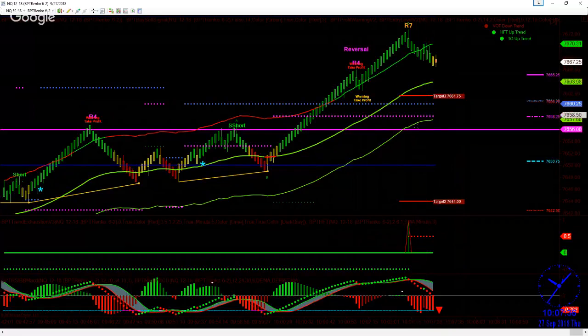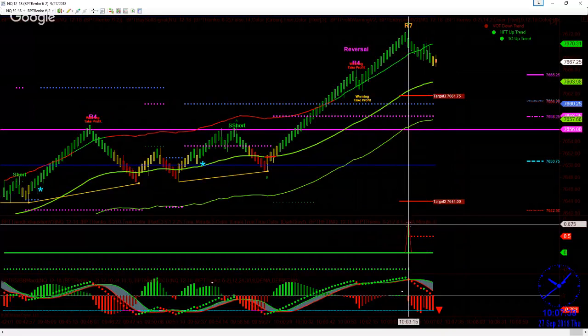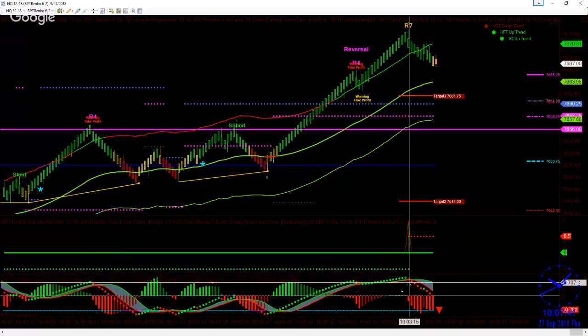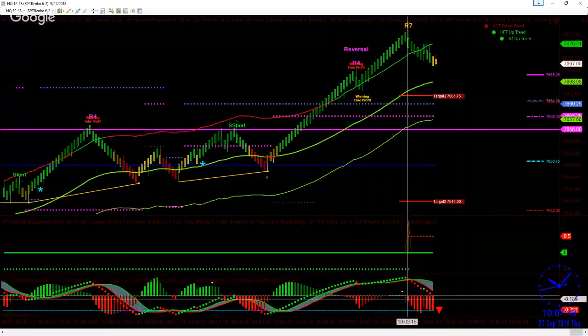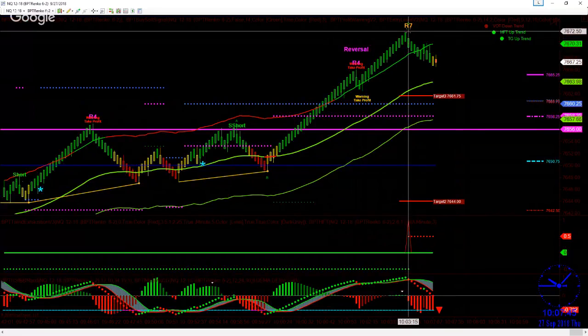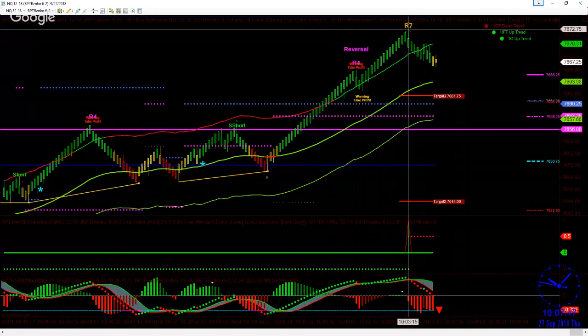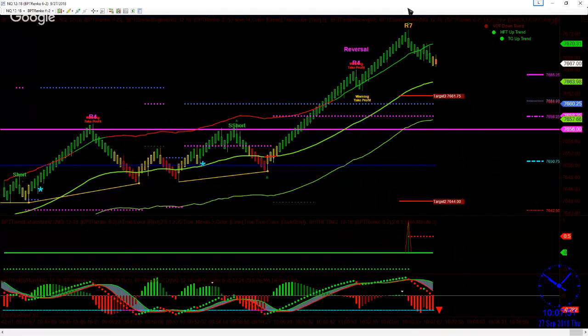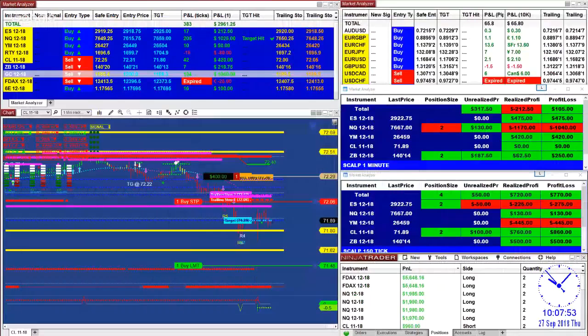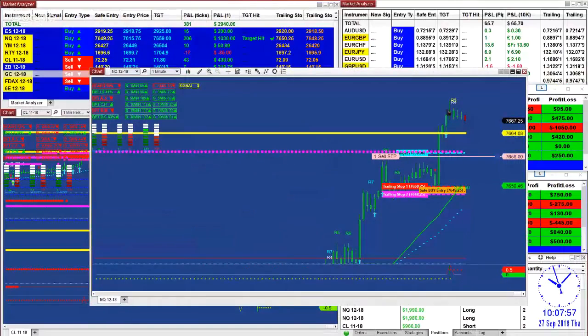And this is where you can see on the trend exhaustion, your double MAC and everything comes in with the R7, and this is one line, and it is a reversal. Fine, fair enough.